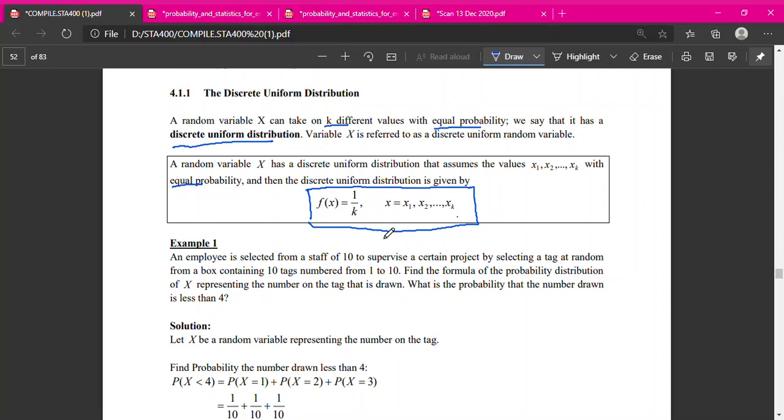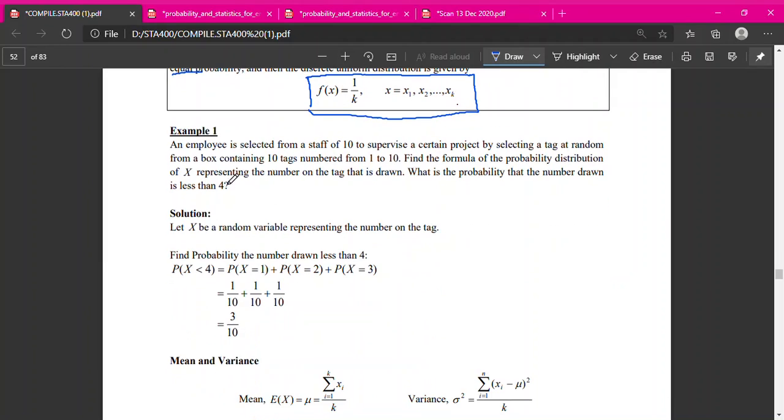Okay, so the function untuk uniform adalah this one, 1 over k. K uniform distribution ni biasanya kita namakan dia uniform distribution sebab dia punya probability adalah equal. Sama je dia punya probability untuk X1 sehingga Xk.